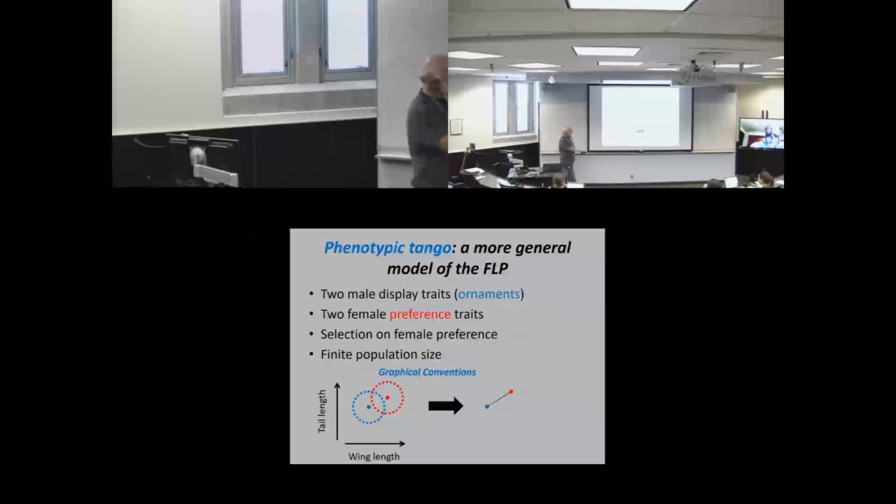Okay, now let's look at the phenotypic tango. The particular version of the FLP that we're going to use in our simulations to evaluate its ability to account for the tango: 2 male traits, ornaments, 2 female preferences, selection on the female preference, finite population size.